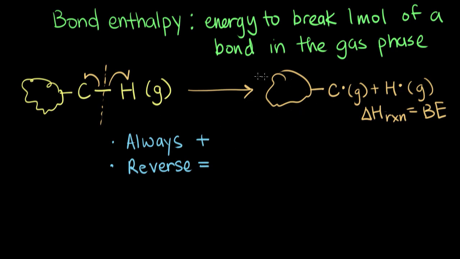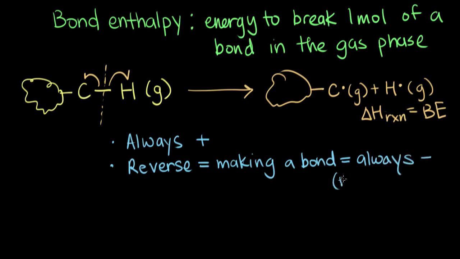If we take the reverse of this reaction, that means we're making a bond. And since we know that breaking a bond always takes energy, that means making a bond always releases energy. So it will always be negative to make a bond, which is another way of saying it will always release energy.